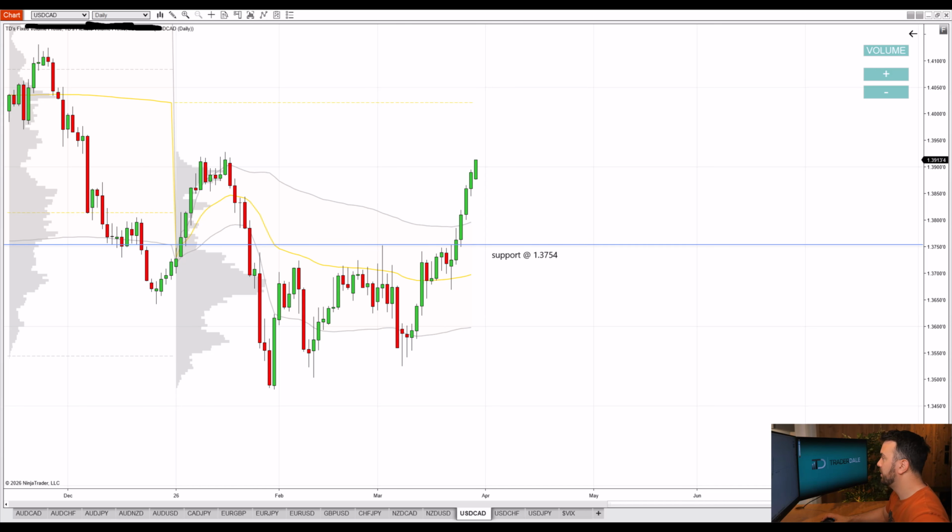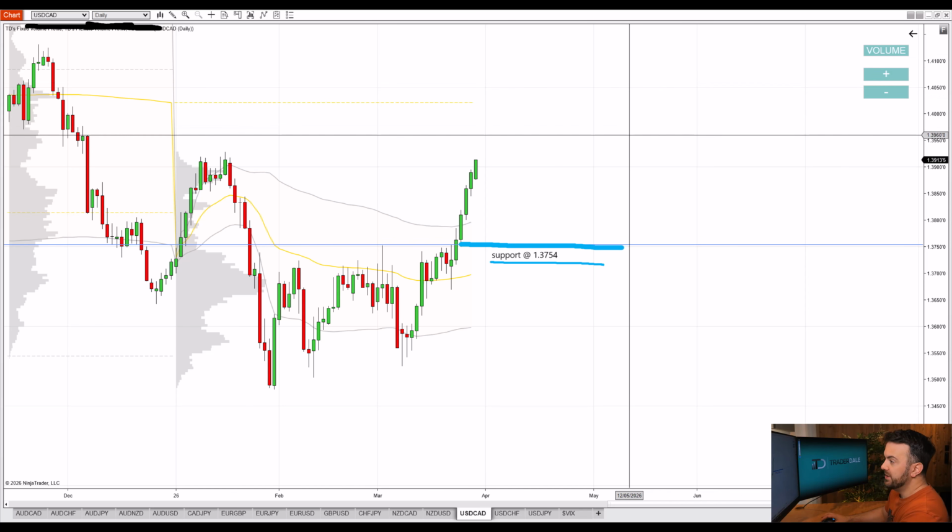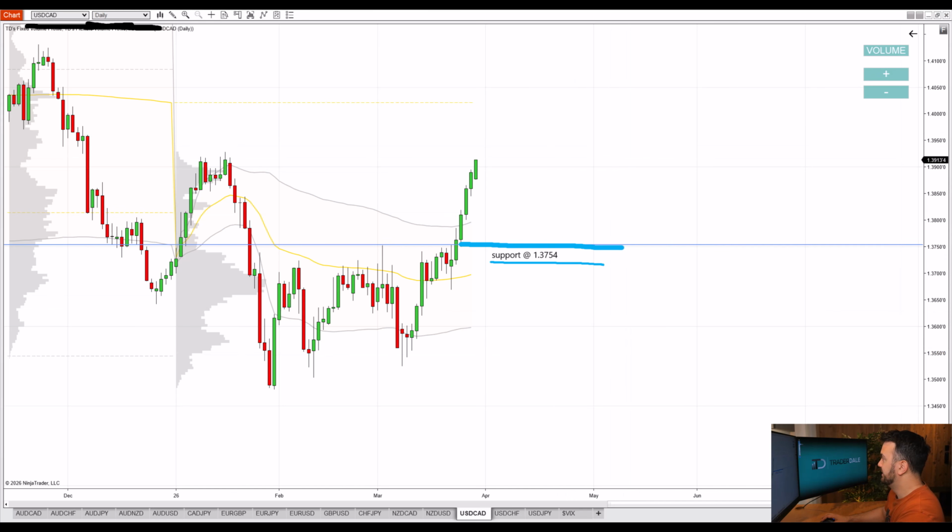And what I want to talk about here is this level, a support at 1.3754. Now, the reasoning behind this level is that there was this rather strong push and a strong uptrend.